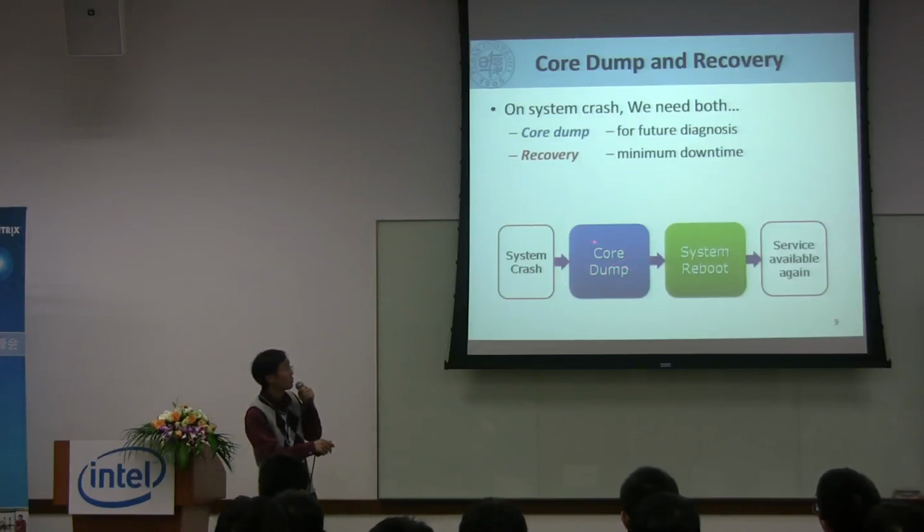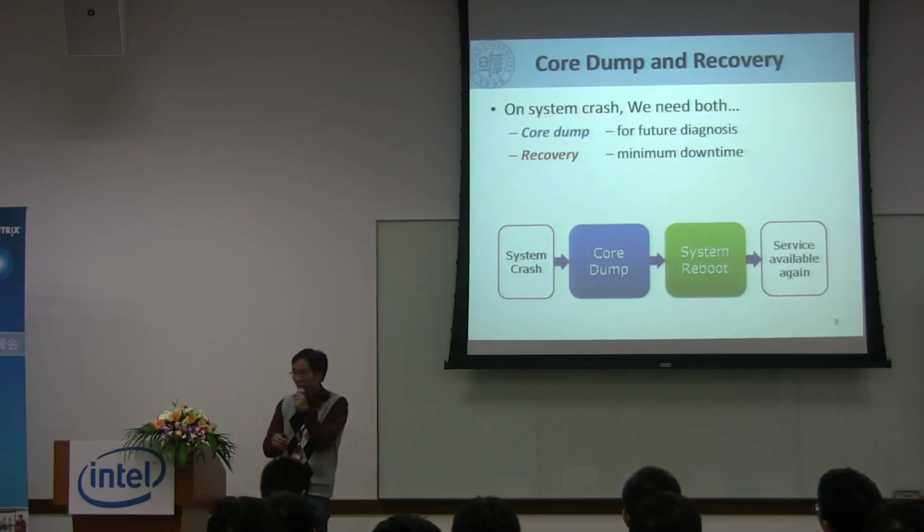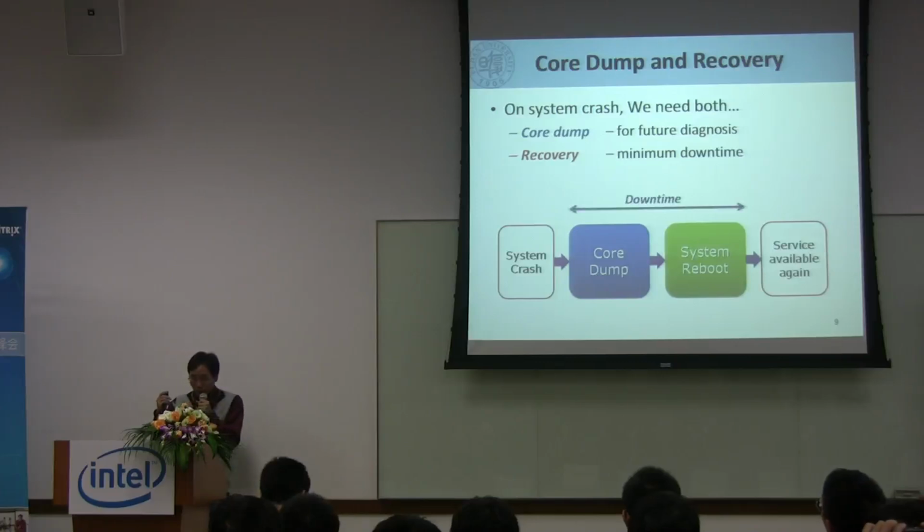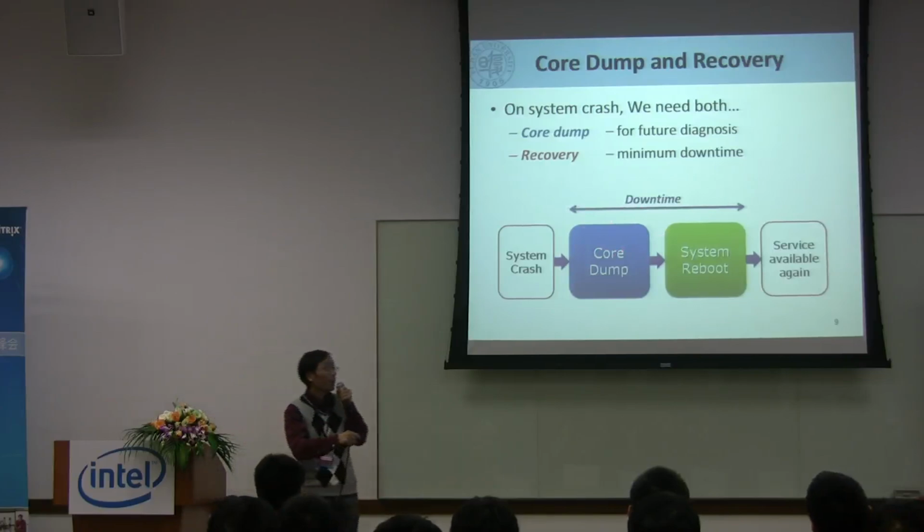We have to first dump the system and then reboot the virtual machine, and then the service can be available again. So the downtime consists of two parts. The first part is the crash dump, and the second is the system reboot.